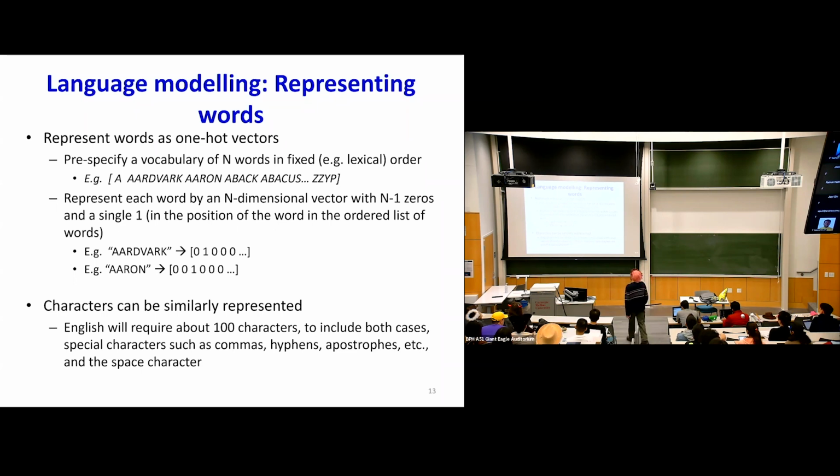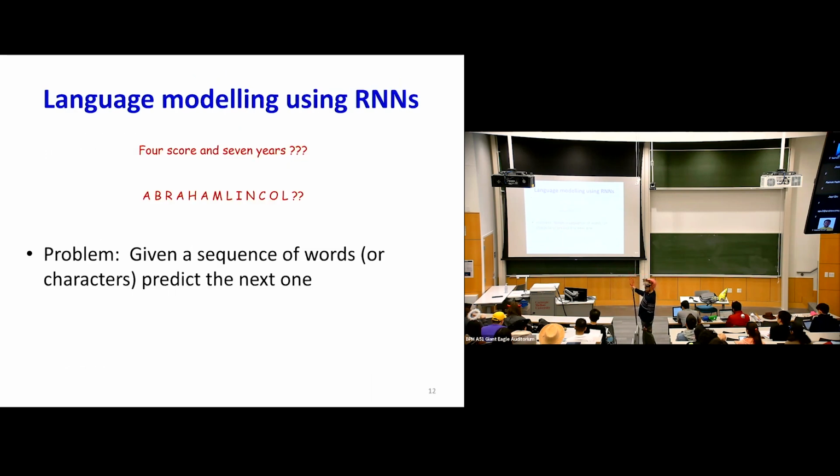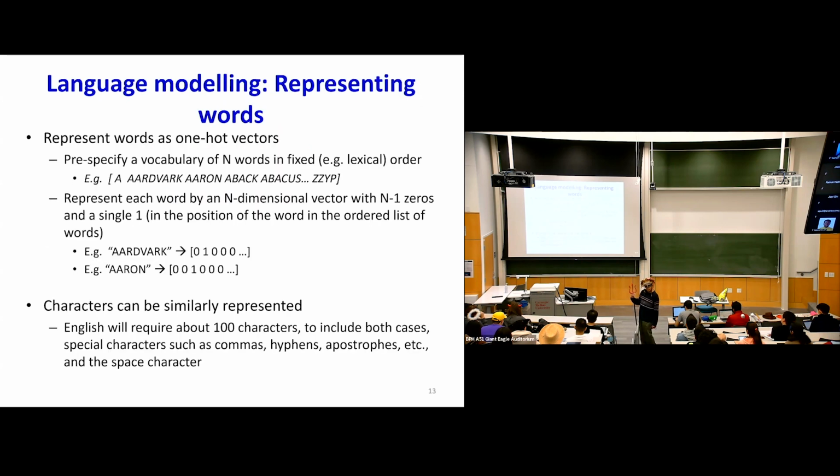And now each word is going to be represented as a one-hot vector in the standard format, a vector of zeros with a 1 in the position that corresponds to the word. And so also, if you were working off characters, like in the second problem, now you'd have one-hot embeddings of characters. For a word-based model, you might require anything between 100,000 and 1,000,000 words. For a character-based model, you could get away with about 100.